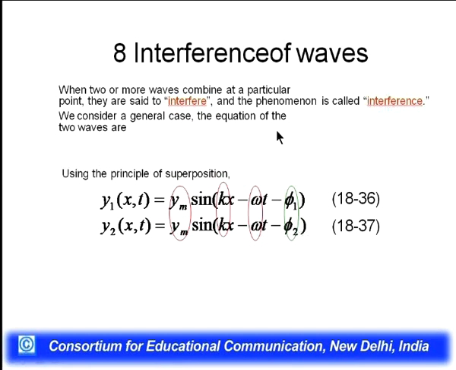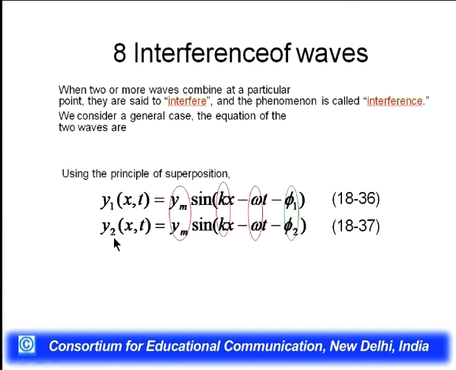We consider the general case of the equation. Here we see one wave y1, with displacement y1(x,t) related to displacement and time, equal to ym sin(kx minus omega t minus phi 1). We know that x is the displacement, k is the propagation constant, omega is the angular frequency, t is the time, and phi 1 is the phase constant for the first wave.